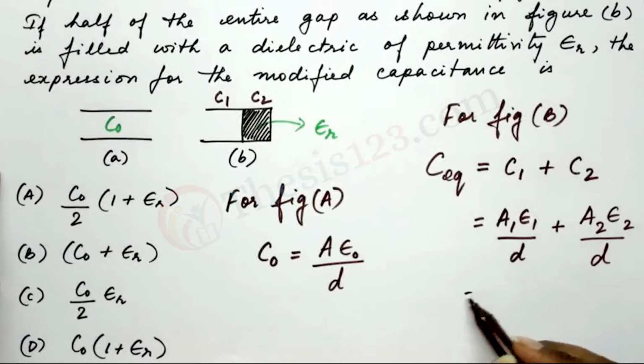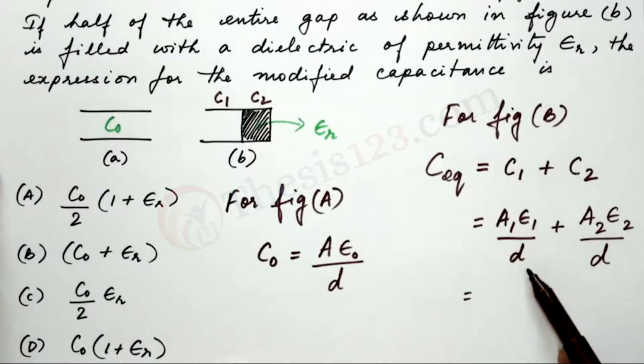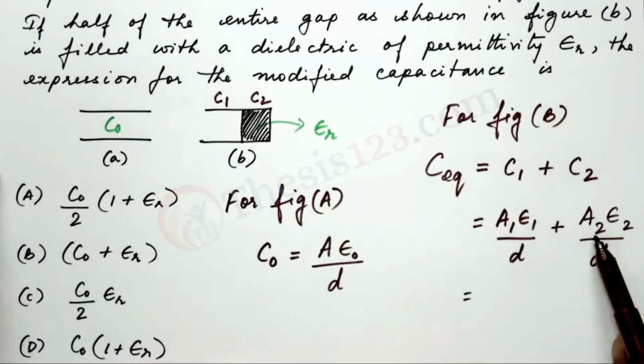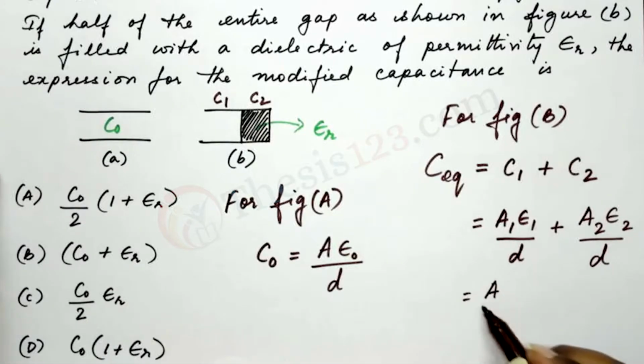Now the first part of the capacitance, A1 epsilon 1 by D, the only difference is now A is going to be the same for both. The area of the plates is the same, right? So here, we're going to write this as A by 2. Why is it A by 2?